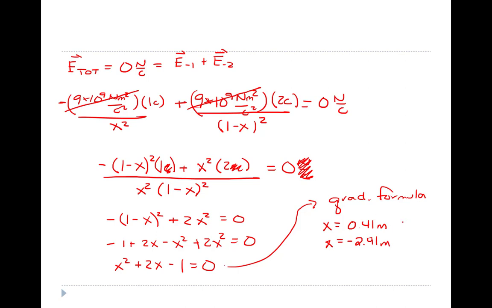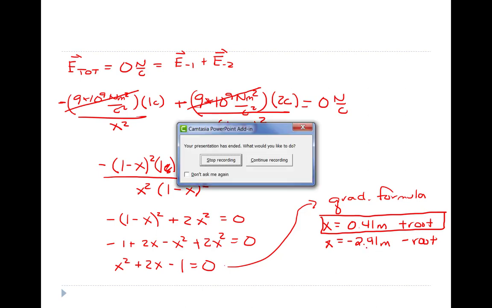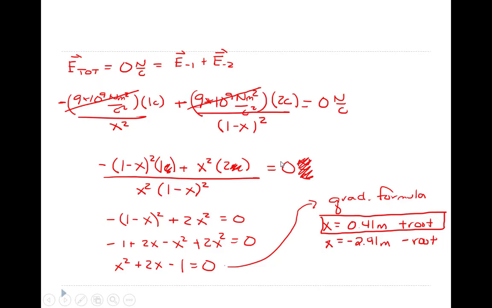This is the positive root, and this one is the negative root. This is the correct answer. This one has meaning, and I don't remember if I have another slide here. I do not. So I'm going to click continue here and go back.